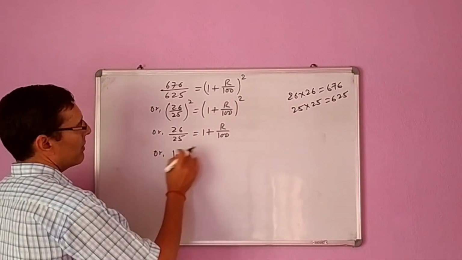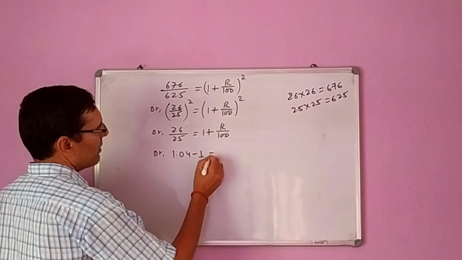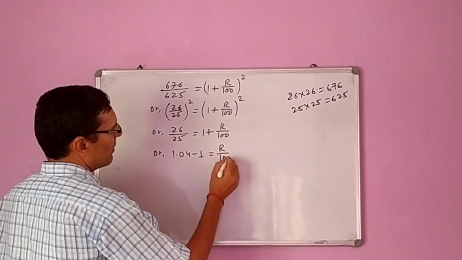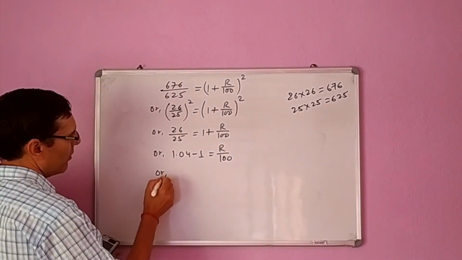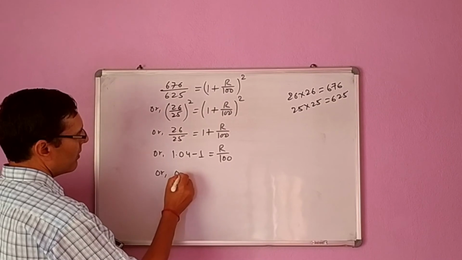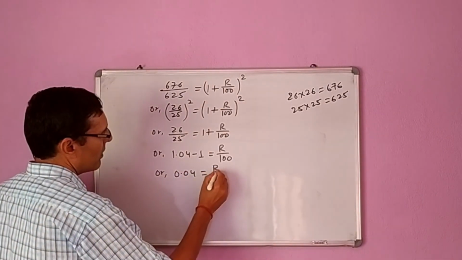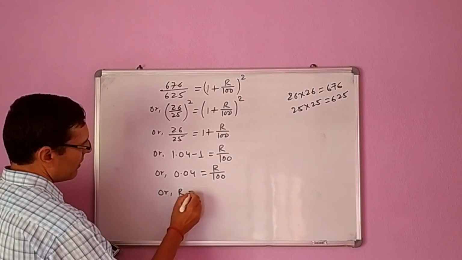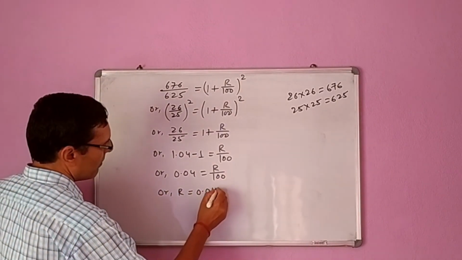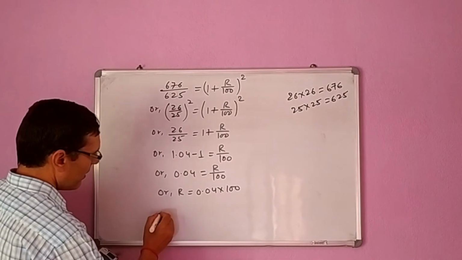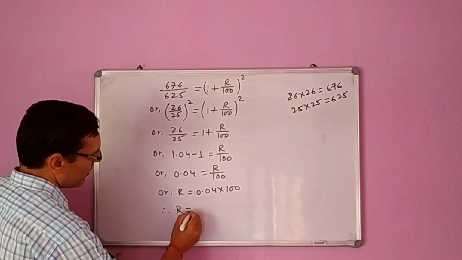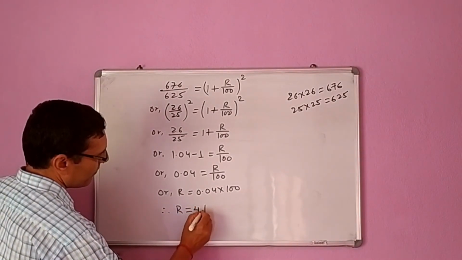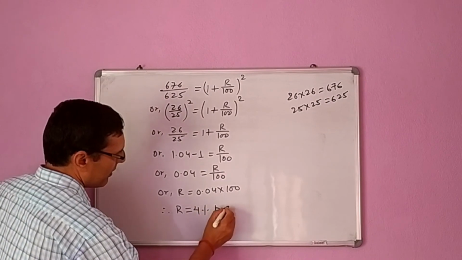If you bring this 1 also to the left hand side, minus 1 equals r upon 100. When you subtract it, we get 0.04 equals r upon 100. So r is equal to 0.04 into 100. Therefore, required rate of interest is equal to 4% per annum.